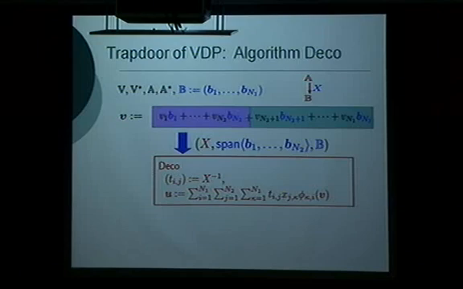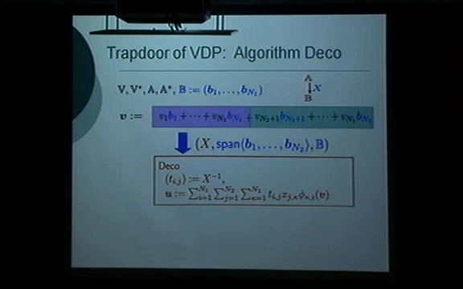But if we give the trapdoor X, then by using the trapdoor X and this algorithm, it is easy. We can decompose this part. This is the trapdoor vector decomposition problem.